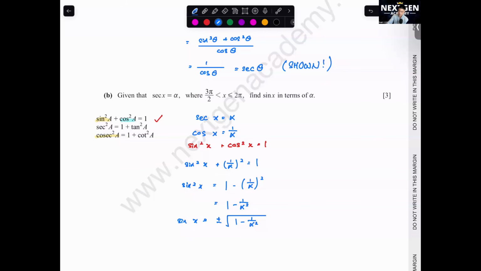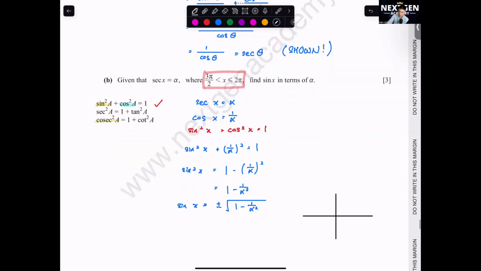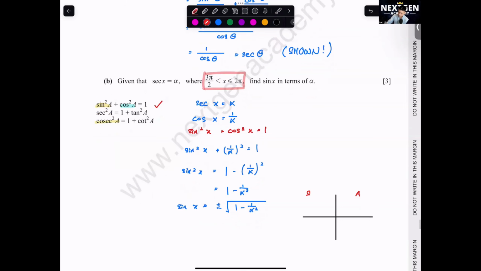Okay, then we always have to ask, why did they give us this range of values for x? What does this mean? Okay, so this is referring to the fourth quadrant. Can you see? This is from 270 degrees to 360 degrees. So they are asking us right now whether it is a positive or negative value. So according to ASTC, if a sine value is in the fourth quadrant, is it positive or negative?